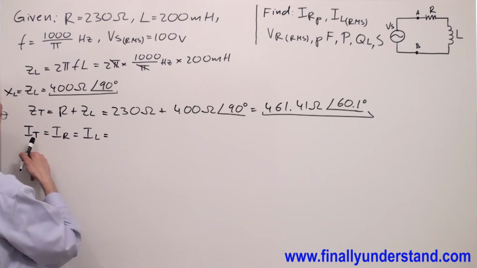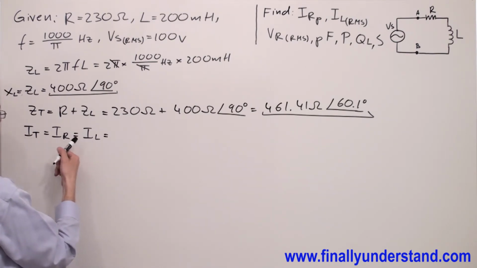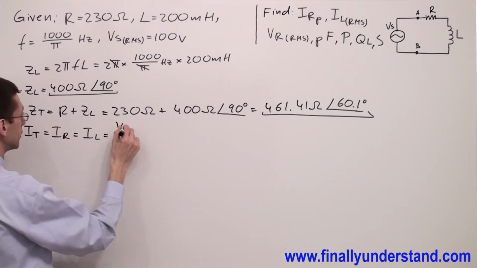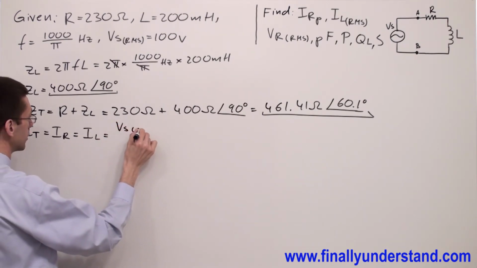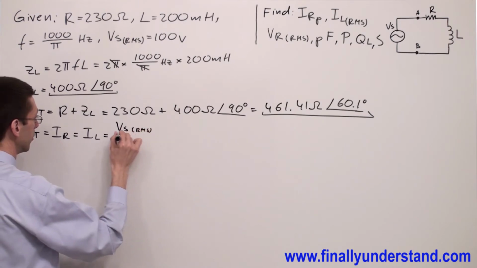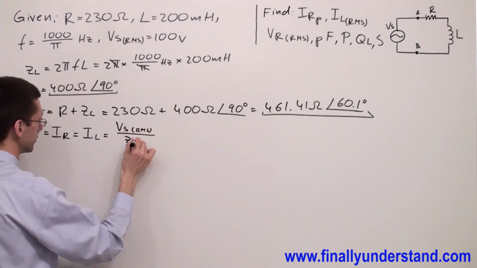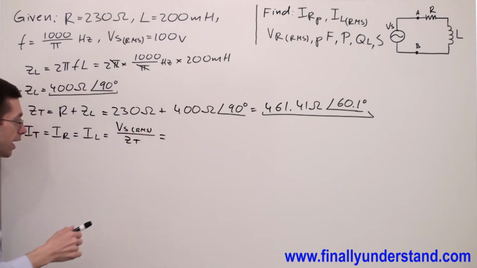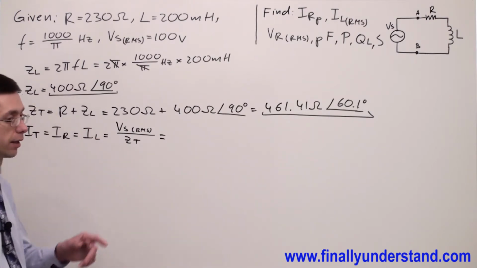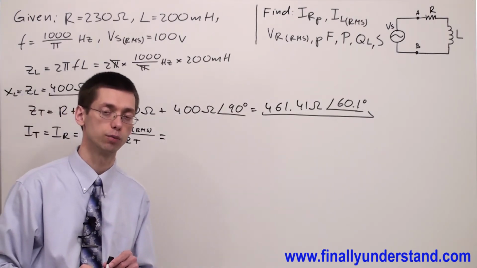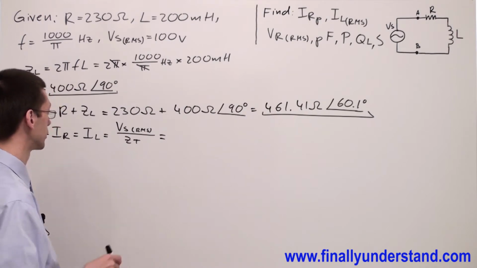And of course this is going to be RMS current. Why? Because I'm going to divide voltage source, which is RMS, by Z total. So if you divide RMS voltage by impedance, your current is going to be also RMS.